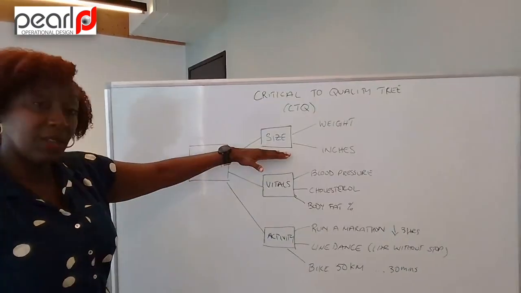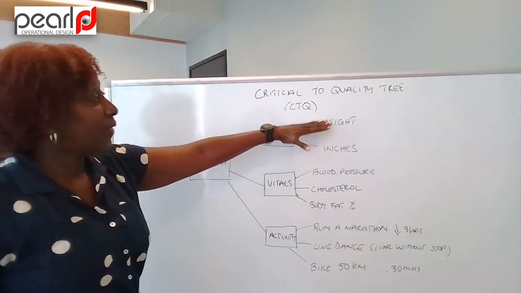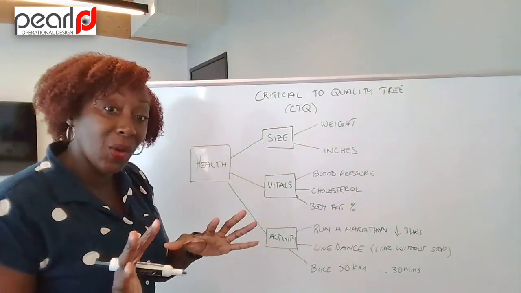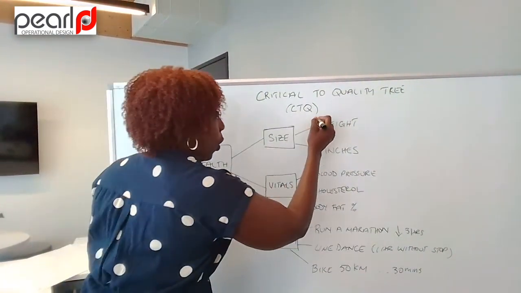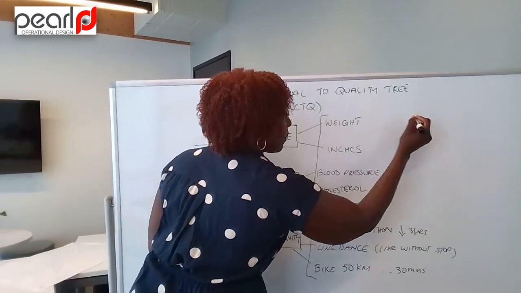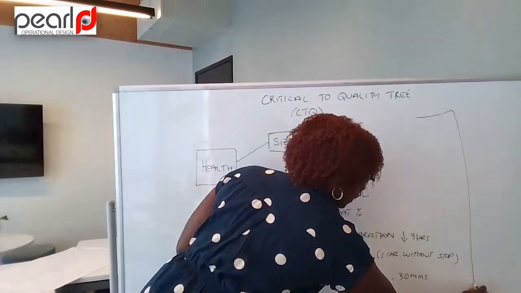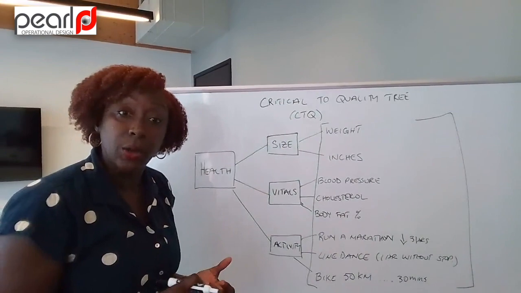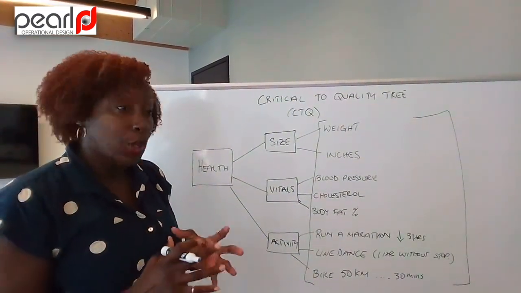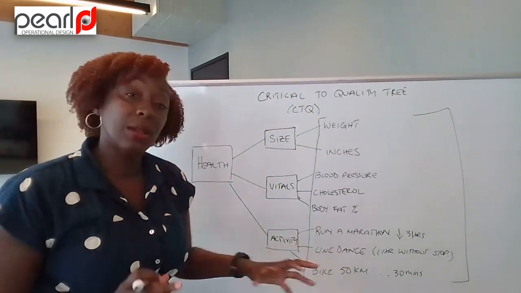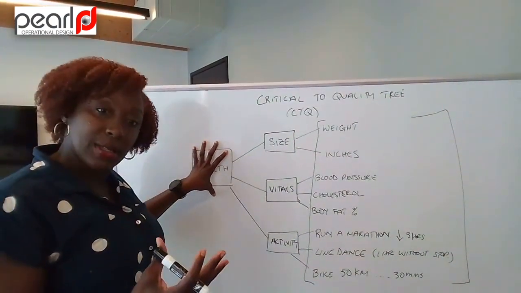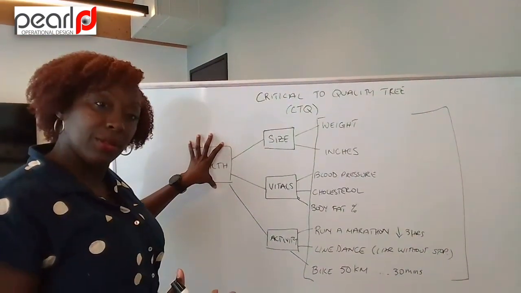By identifying the drivers, and then identifying different measurements, you have now identified all of these as possible, whether you want to call it a Y, whether you want to call it a KPI, measures that are proxies to your health.